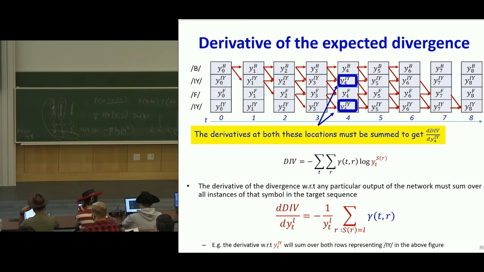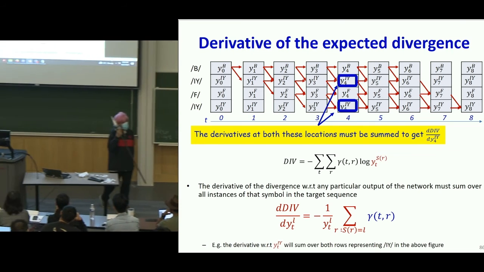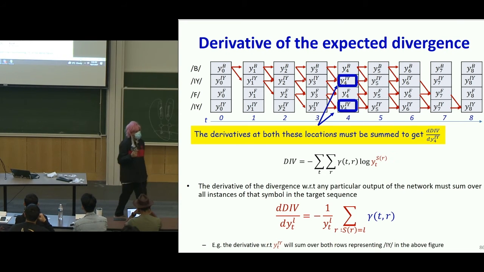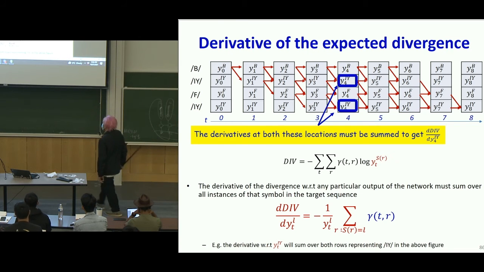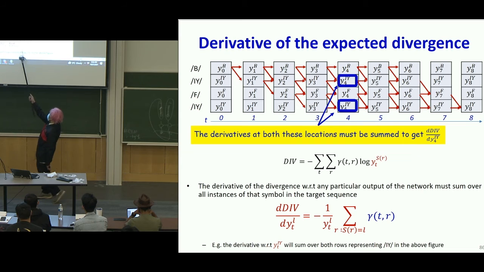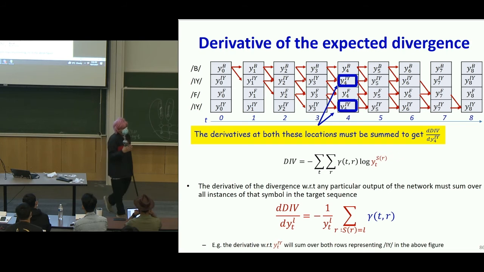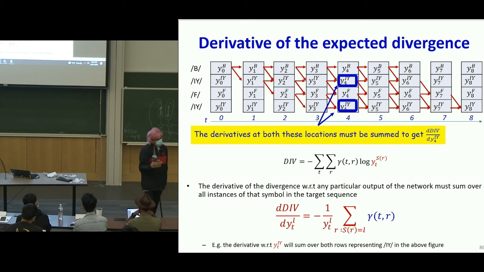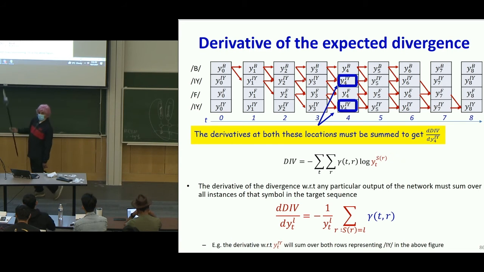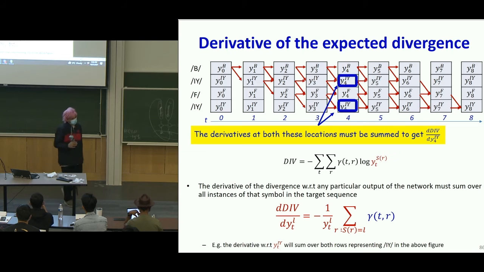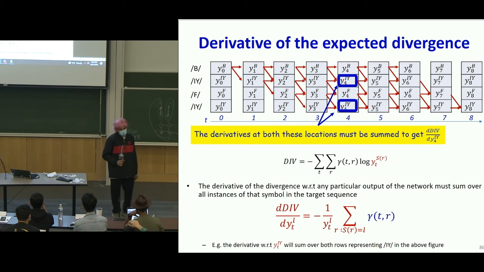The derivative of the divergence with respect to the probability assigned to any symbol at any time t is simply going to be the negative of the sum over all rows of my table that include that symbol of the gamma, which is basically the total posterior probability of that symbol appearing in the alignment, times minus 1 over the probability assigned to the symbol by the network at time t.